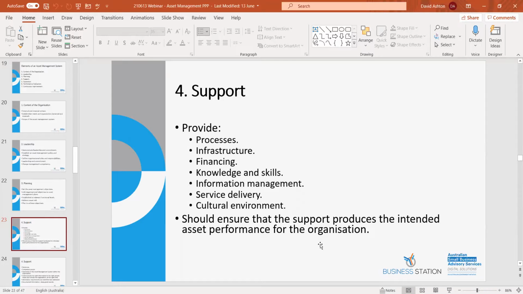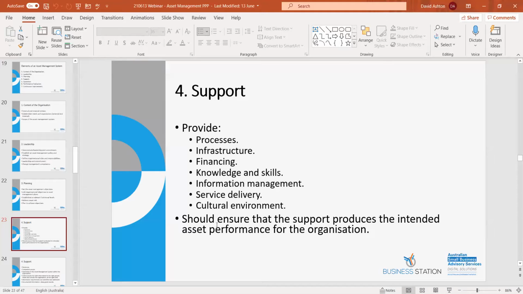Service delivery, so making sure that if there is any maintenance required, that there's contracts in place for maintenance to ensure continued service and supply of goods to the market, so having well-maintained plant equipment and the like. And then the cultural environment, so making sure that the organisation has a good working culture is important for this as well.